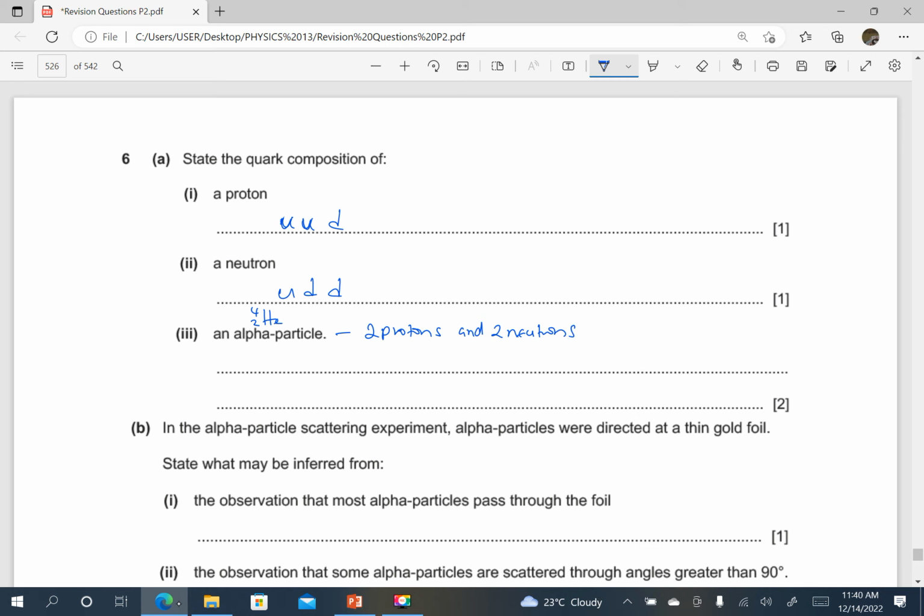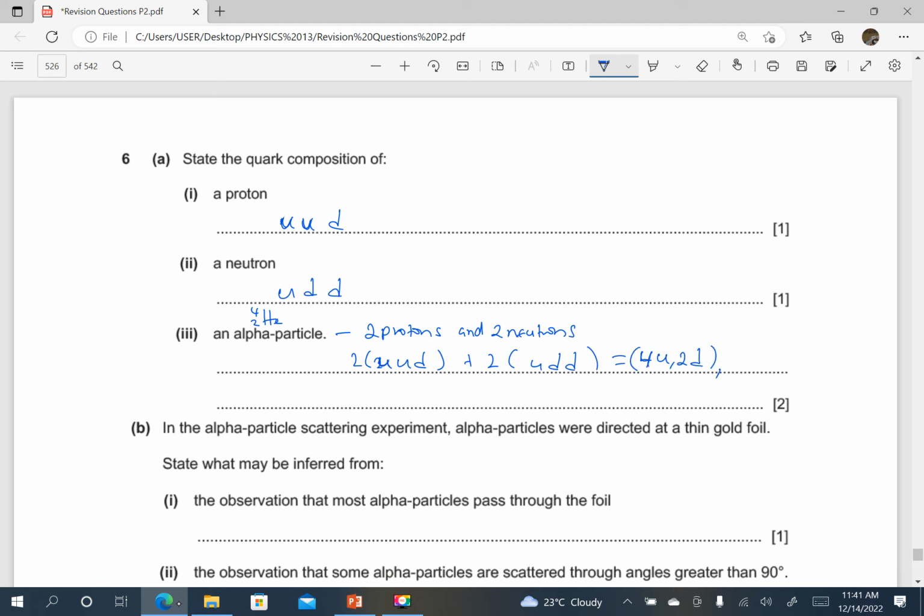That means this is going to be 2 into up, up, down, plus 2 into up, down, down. Because the neutron has up, down, down, and the proton has up, up, down. So there are two of them. So when you simplify this, in the first bracket you have 4 up and 2 down.